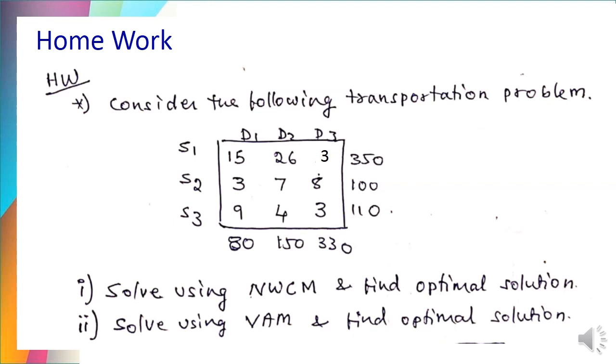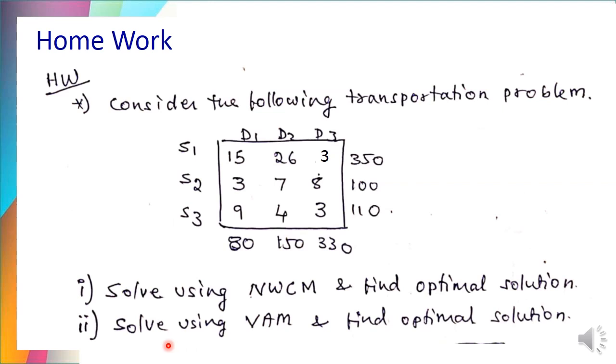As homework, you can solve this particular transportation problem, which is already a balanced one. There are two alternatives you can try. First, solve the problem starting with the northwest corner rule to get the initial basic feasible solution and find the optimal solution using the UV method.